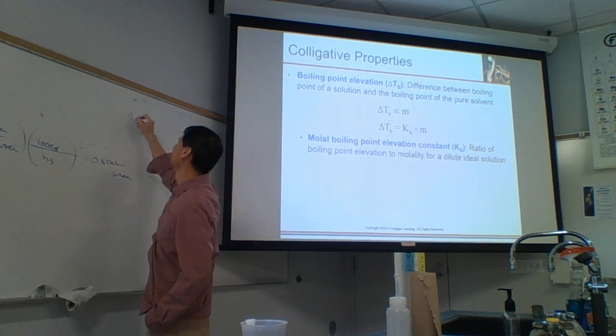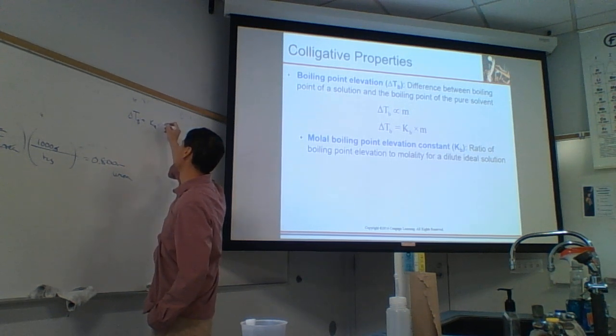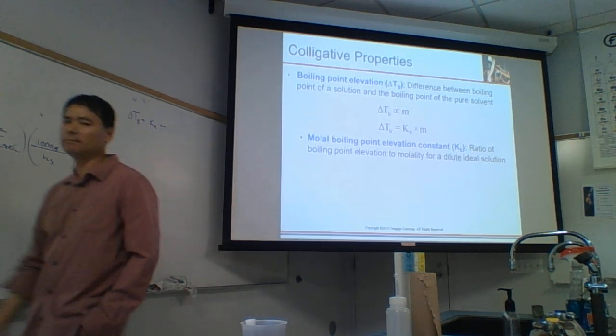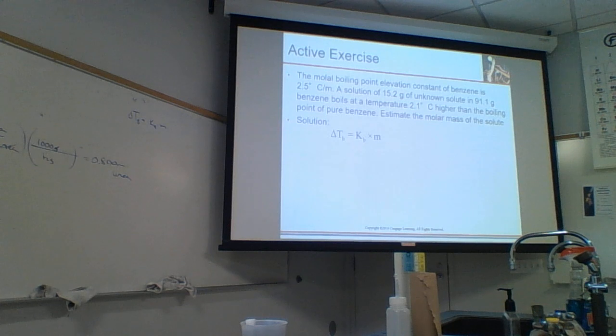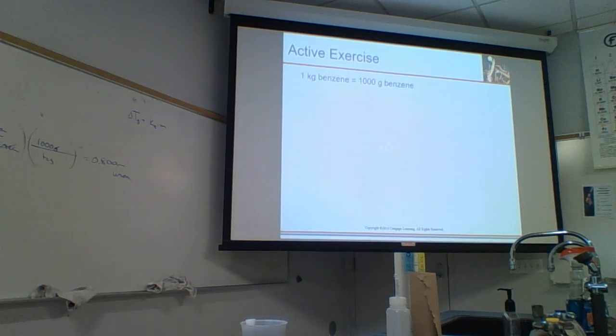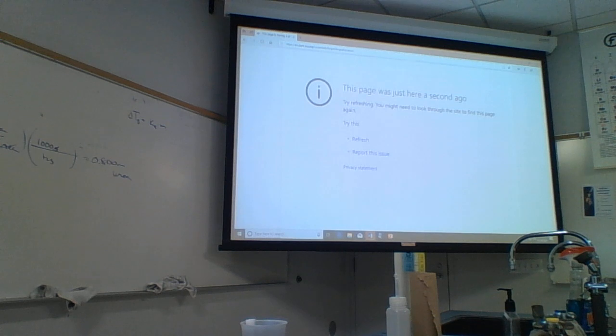So we're going to get delta T sub B, which is going to equal Kb times little m, the molality. We have to look that up in the book, since I don't have it here. We'll look up the Kb for water.